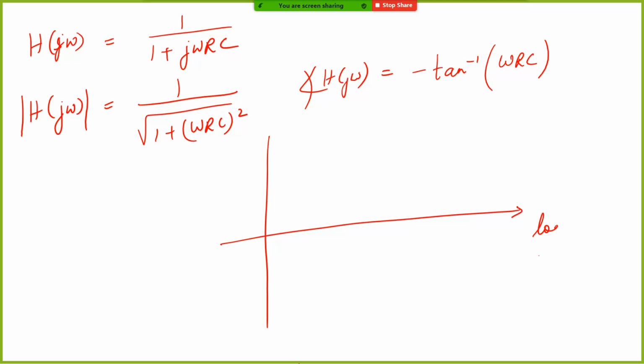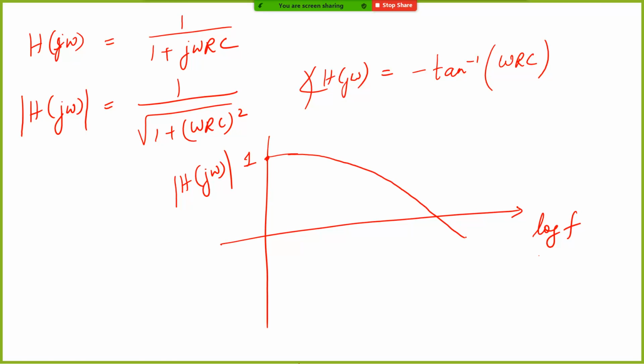So now how will this basically behave? Let's say this is log of f, right? And let's say this is modulus of H of j omega. Okay, now what is the low frequency gain for this? 1, right? And then what happens? As frequency increases, it slowly starts decreasing, right? So you will have something like this.